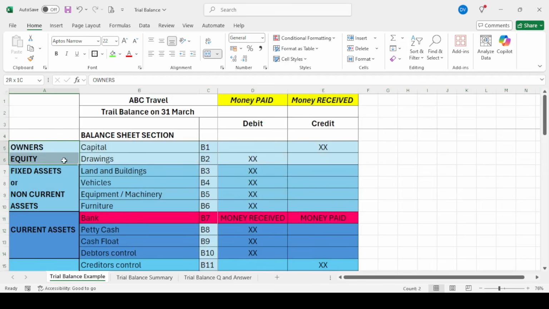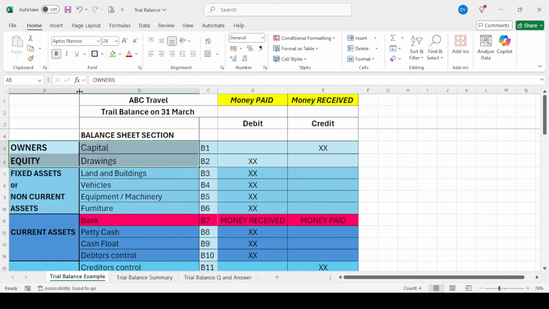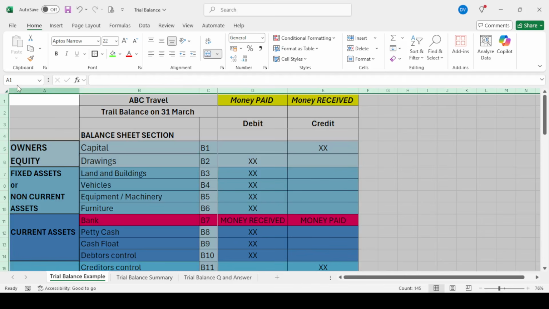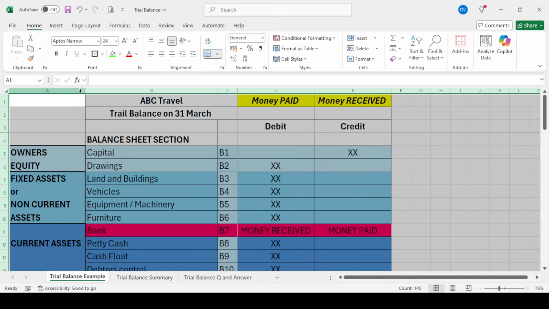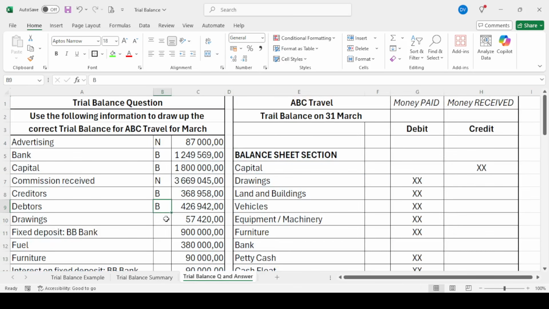So here you can clearly see your owner's equity, capital, and drawings. It means it will be under your B section. So we're going to insert it there now. Sorry guys, this is bugging me now. I want to make it even bigger. So when we come back to this, you can see properly. There we go. Okay, drawings is a B account.